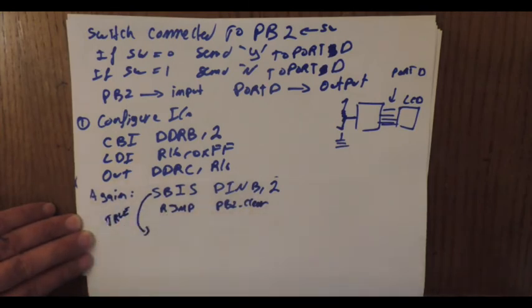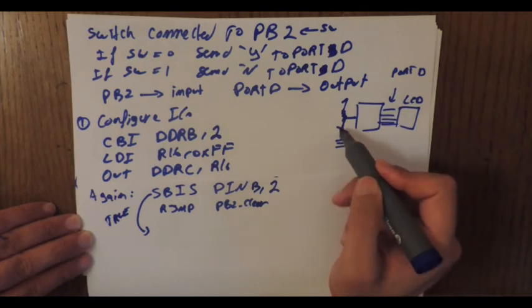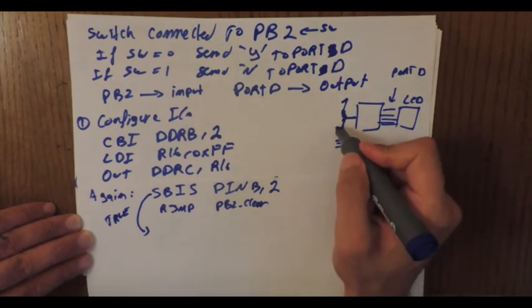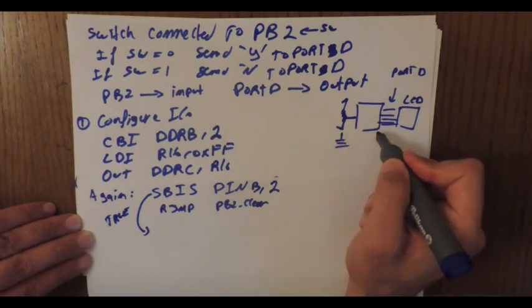So here, I'm gonna skip it if it's true. This means somebody pressed it to 0, and if this is 0, I'm gonna send Y. So if I close this switch here, this will be brought to 0, and I need to place Y over this fact.